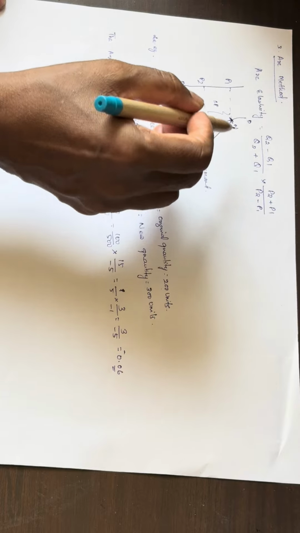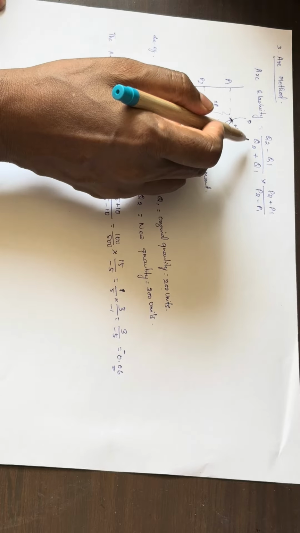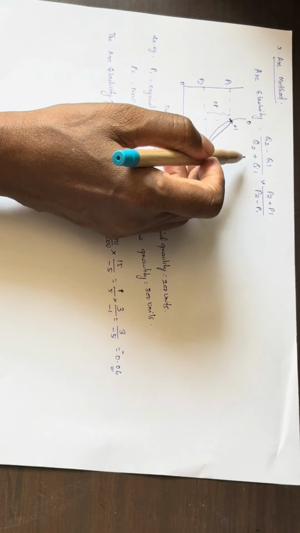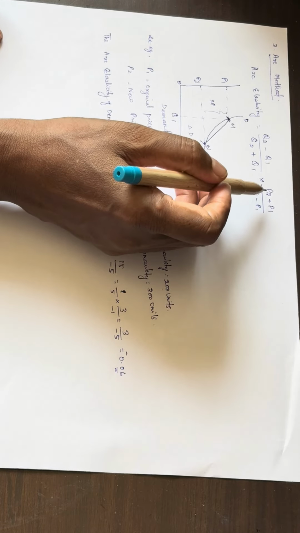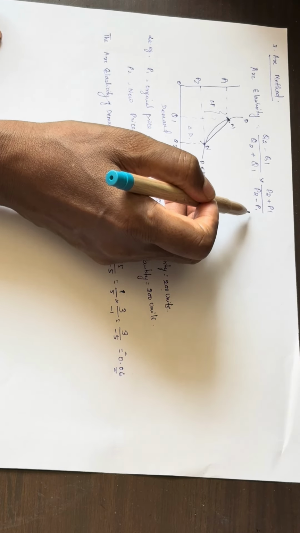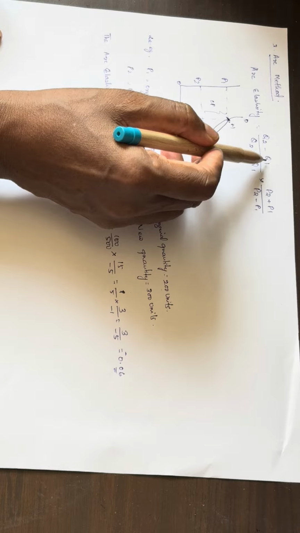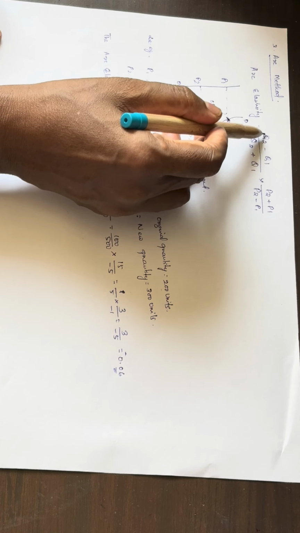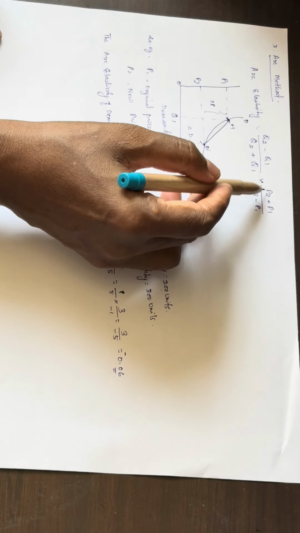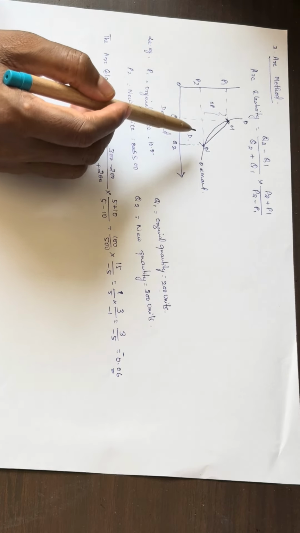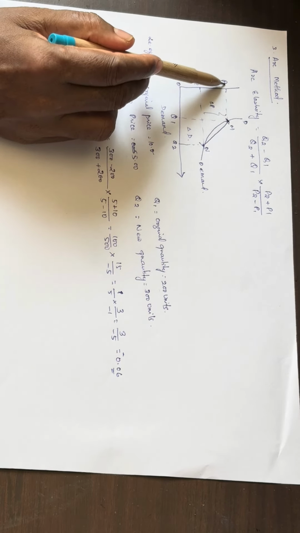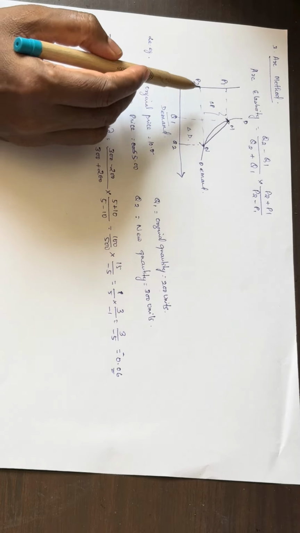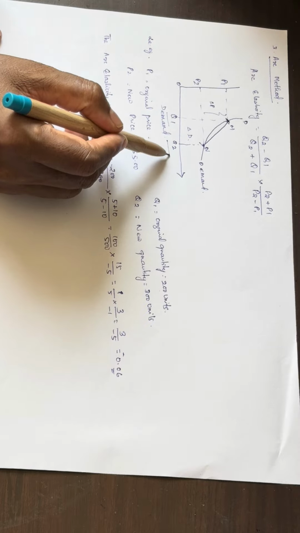The arc elasticity is calculated by using the formula Q2 minus Q1 divided by Q2 plus Q1, into P2 plus P1 divided by P2 minus P1, where Q1 is the initial quantity demanded, Q2 is the final one, and these are the corresponding prices. From this graph, at price P1 the quantity demanded is Q1, and at price P2 the quantity demanded is Q2.